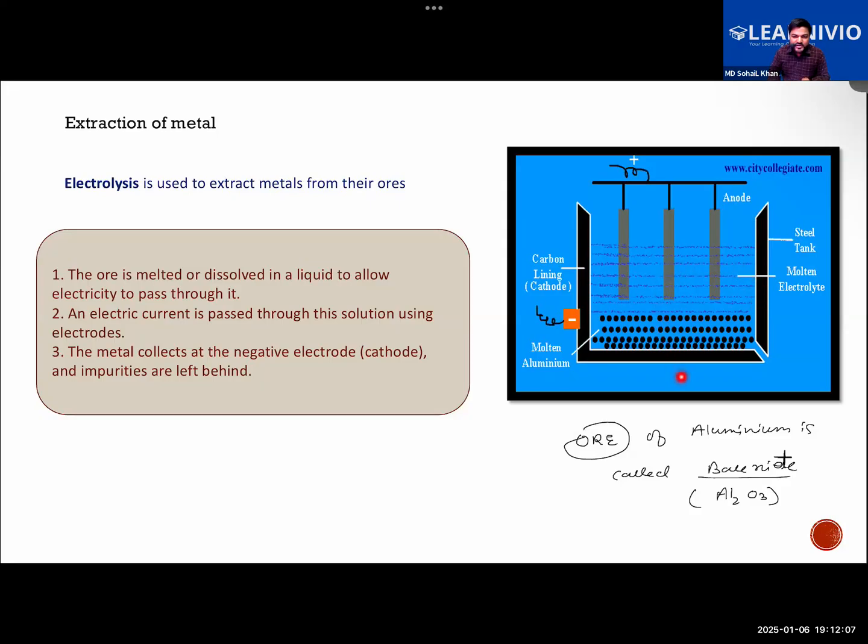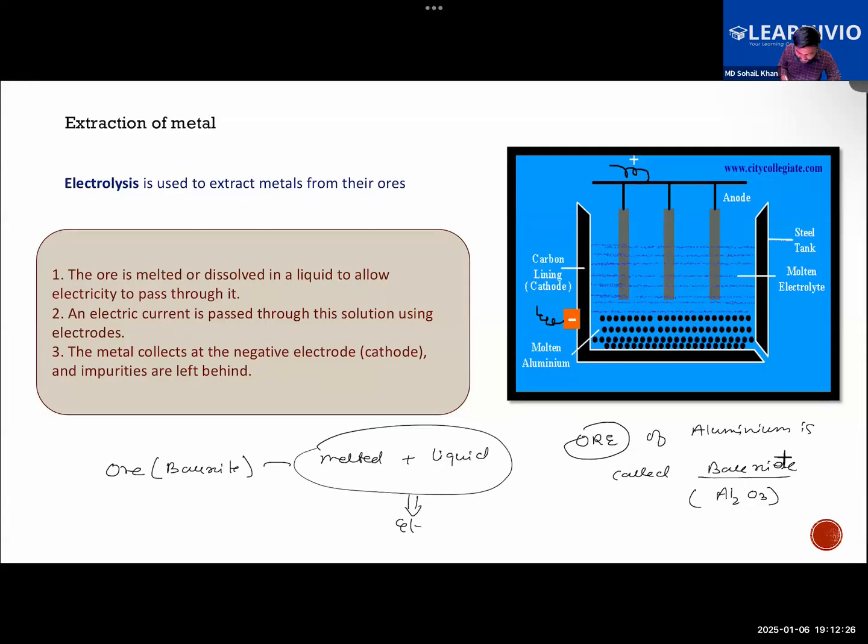Then we are making the electrolyte of this bauxite. We take the bauxite and dissolve it. Basically, the ore of aluminum, in this case bauxite, is melted and dissolved in liquid. So now it has become an electrolyte.